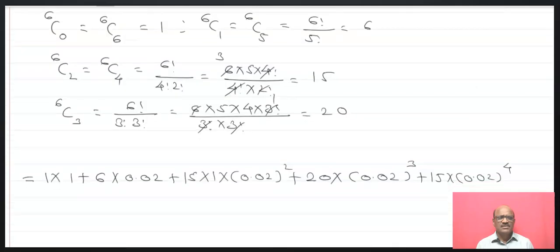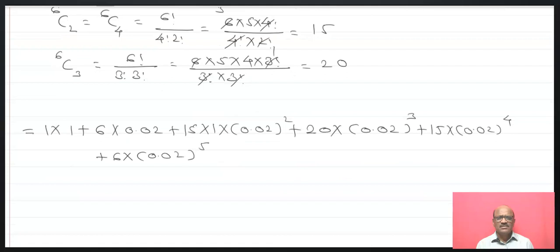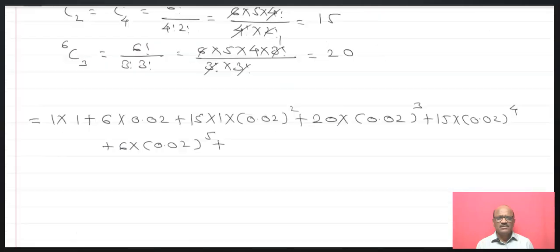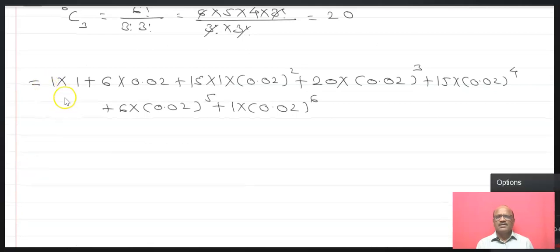Now see this here. 1 into 1, that is 1. 6 into 0.02, that is 0.12. Now here 0.02 bracket raised to 2 means what? 0.0004 into 15, like this. Again 0.02 bracket raised to 3, then again we will get 6 decimal places, 8 decimal places, and here 10 decimal places. These terms are immaterial, we do not record them here.